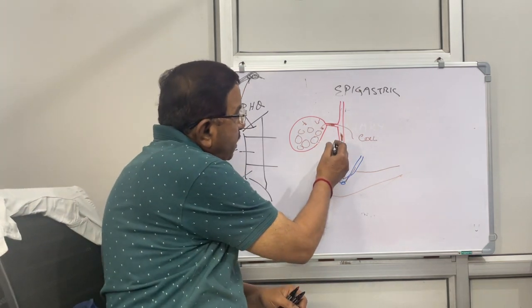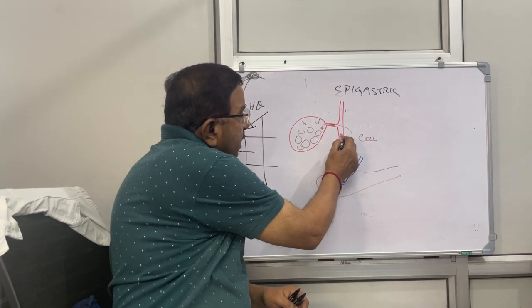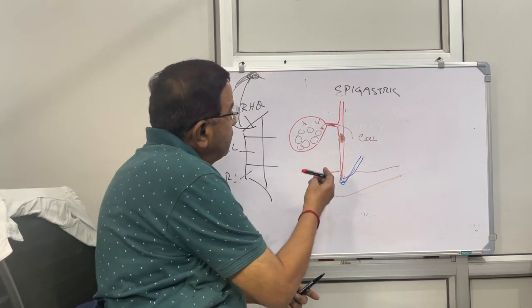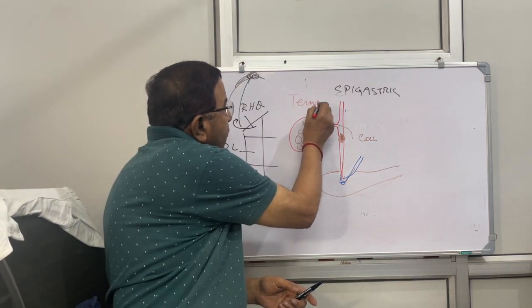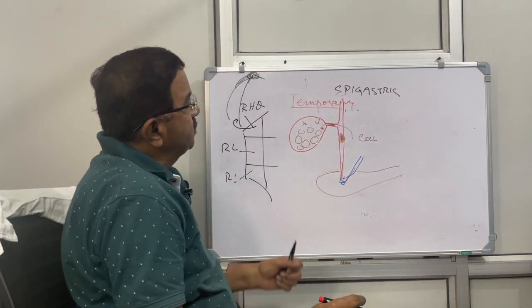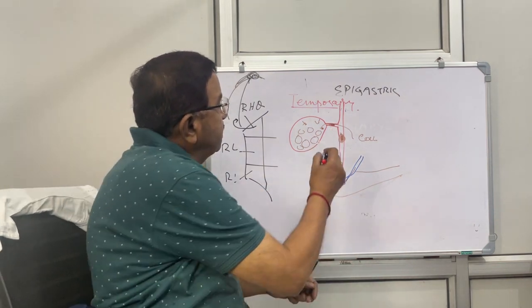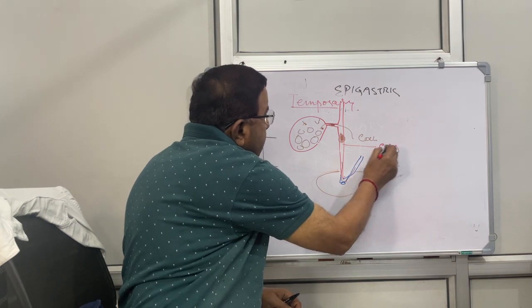If it becomes permanent, the patient will get jaundice, that will be severe obstructive jaundice. So it is a temporary obstruction. So first is temporary obstruction of the cystic duct or CBD. This is the CBD, common bile duct.